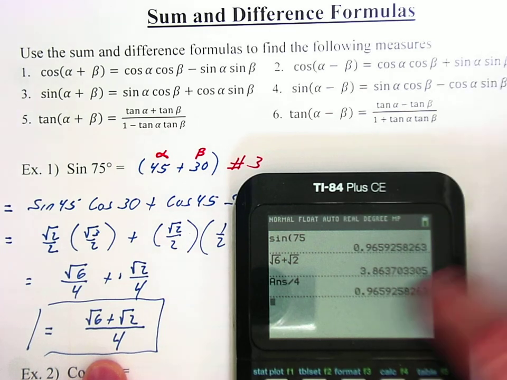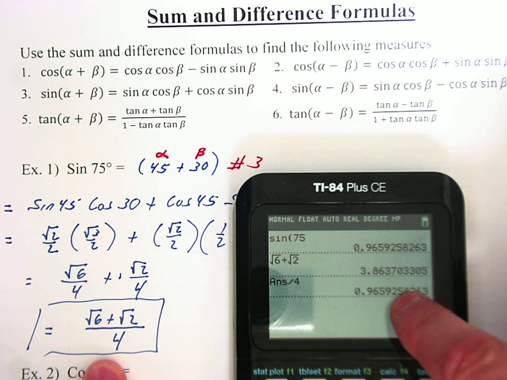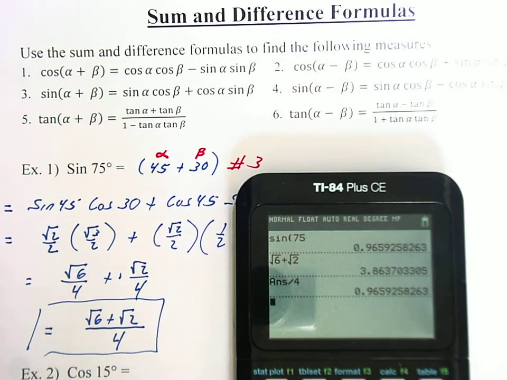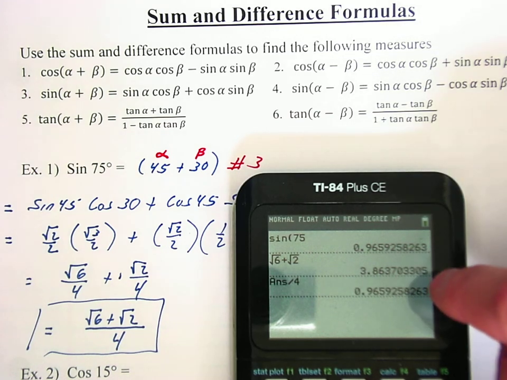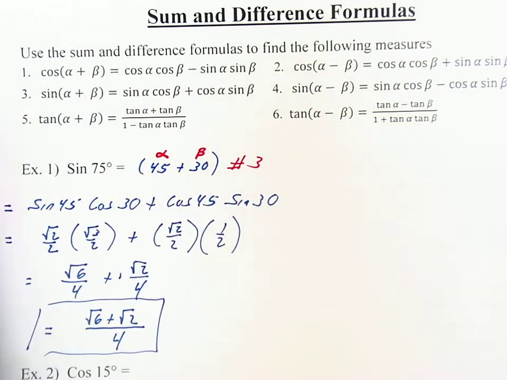So that's just me showing you guys that square root of 6 plus square root of 2 over 4 is the same as sine of 75, so you know you get the right answer. And there we go. You don't have to do that, but it's just a way for you guys to actually see what exactly is going on.